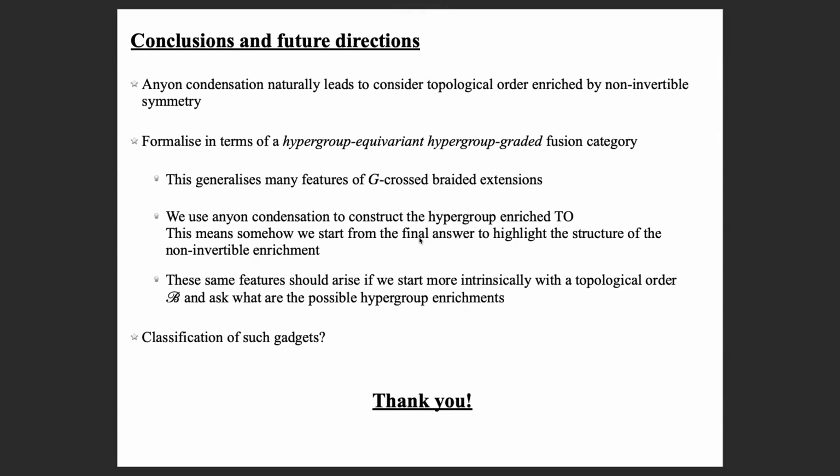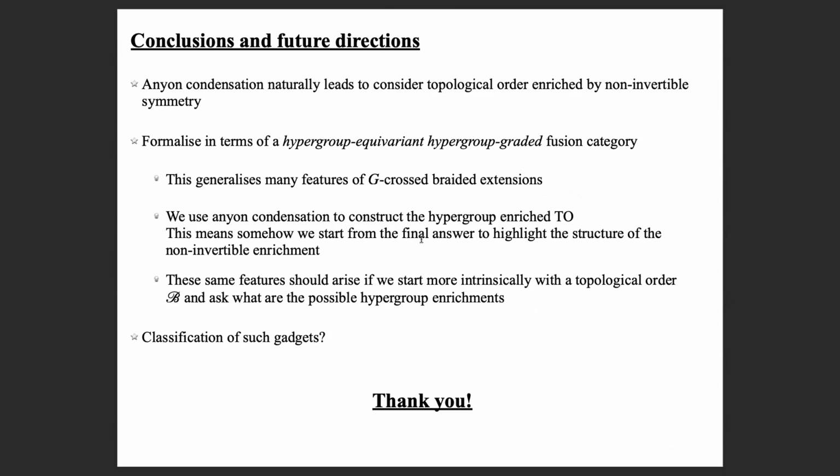And so just to conclude, let me say that in this case, we use this anyon condensation to naturally land on this topological order enriched by non-invertible symmetry, that we formalize as this hypergroup-graded fusion category that generalizes many of the features you have in the G-crossed story.